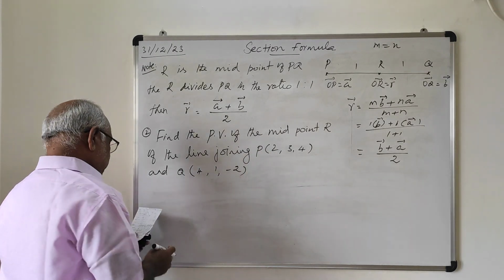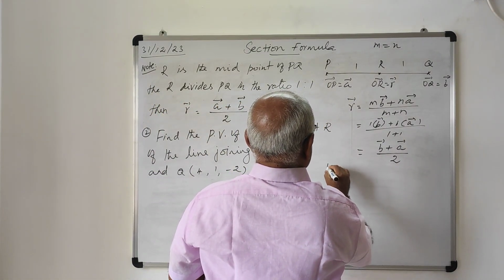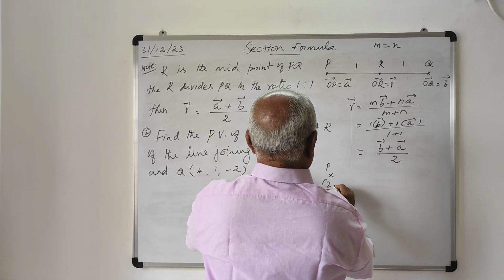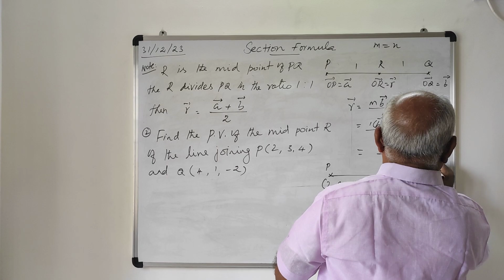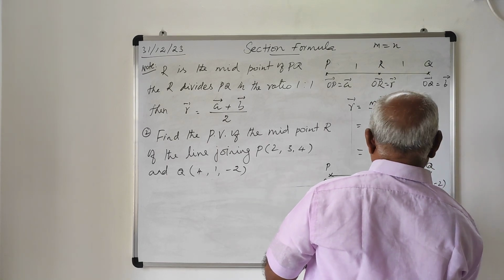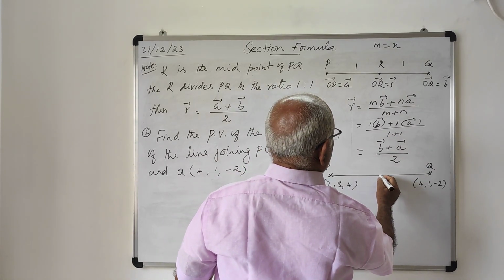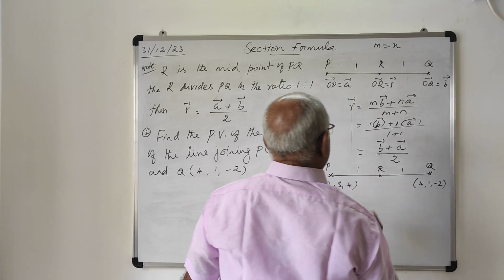If P and Q are the two endpoints, we have to find the position vector of the midpoint R. We divide the line 1 is to 1.